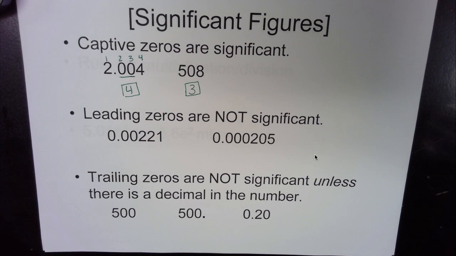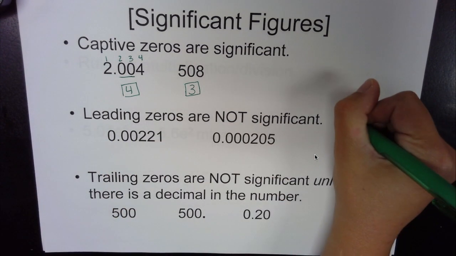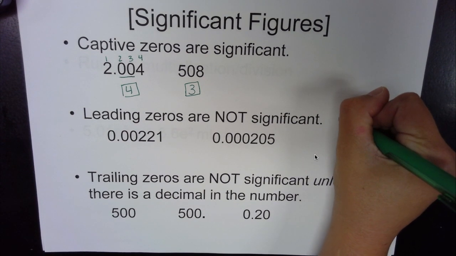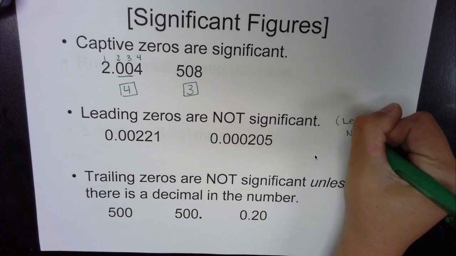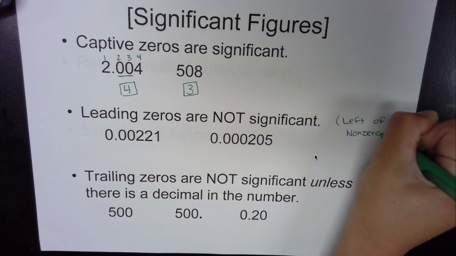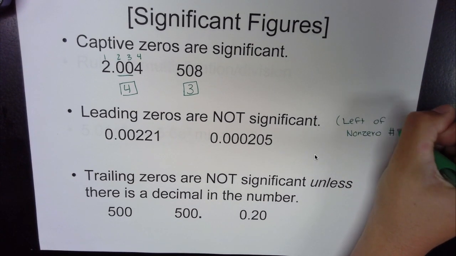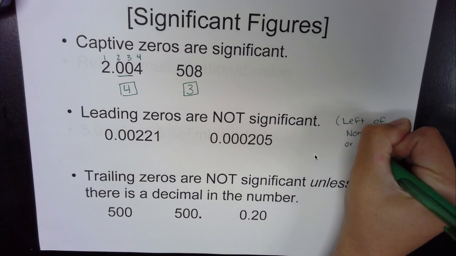Then we come to leading zeros. Leading zeros are to the left of non-zero numbers or decimal points.